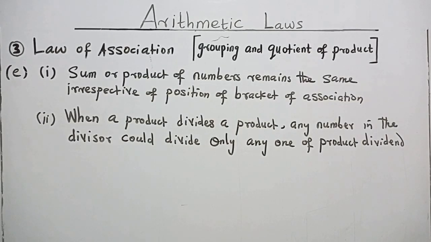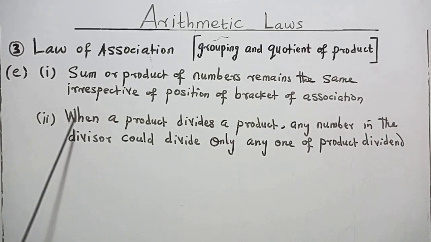And here comes the statements of laws of association. The first one says, sum or product of numbers remains the same irrespective of position of brackets of association. I hope this captures the sentiment you had while we learned to use brackets to associate numbers in sums and products.